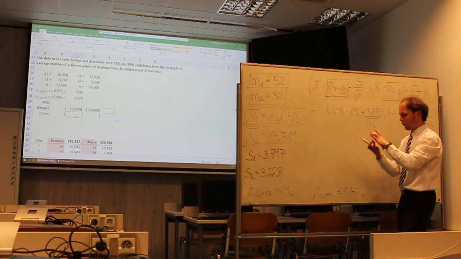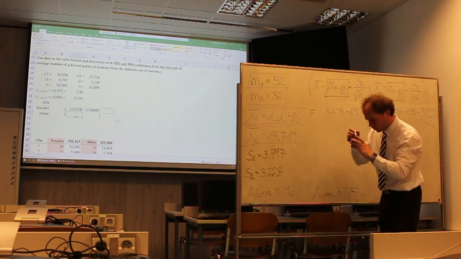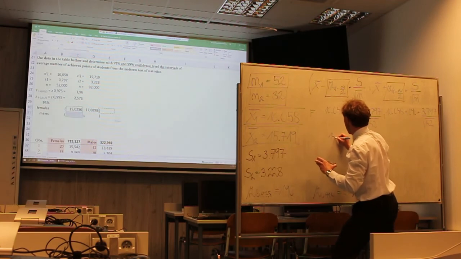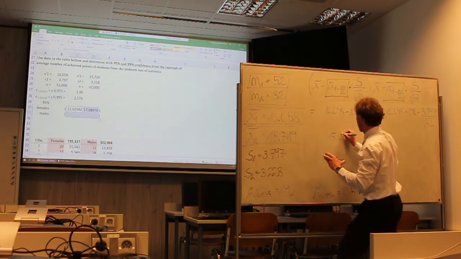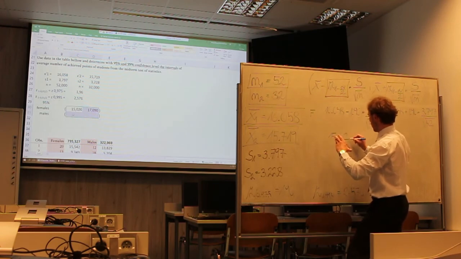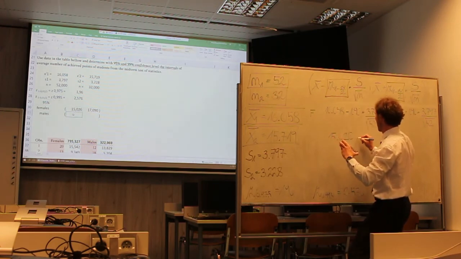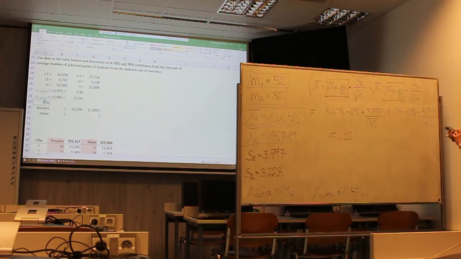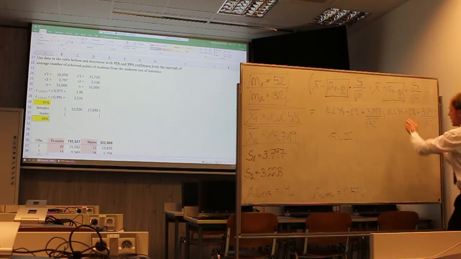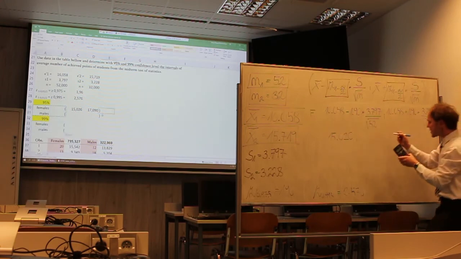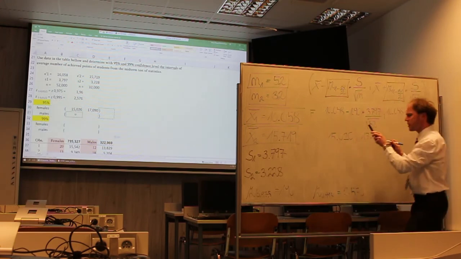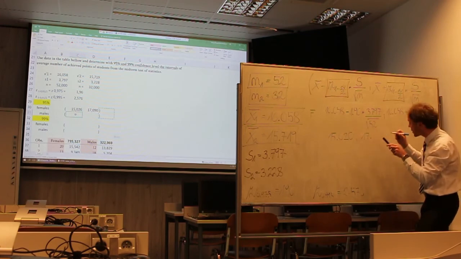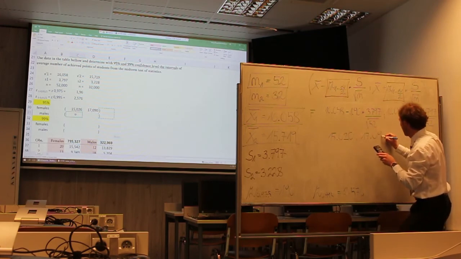So the left side is 15.026. And the right side: 3.797 divided by the square root of 52 times 1.96 plus 16.058 gives 17.090.